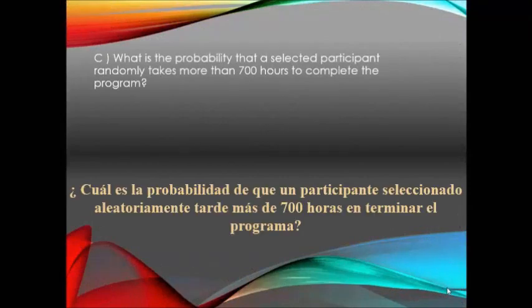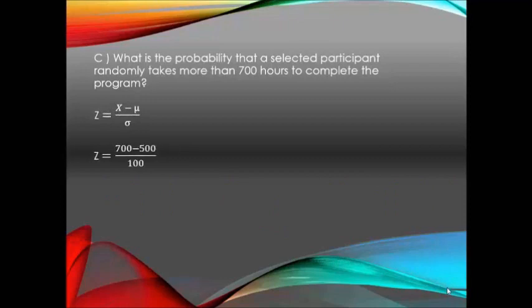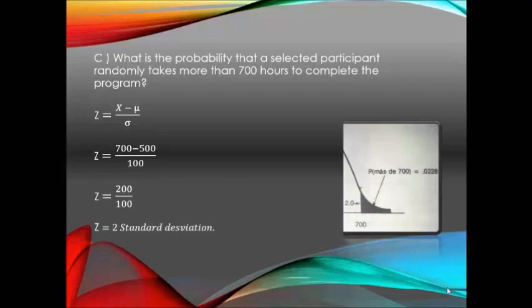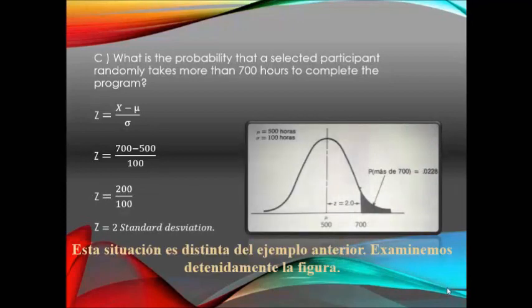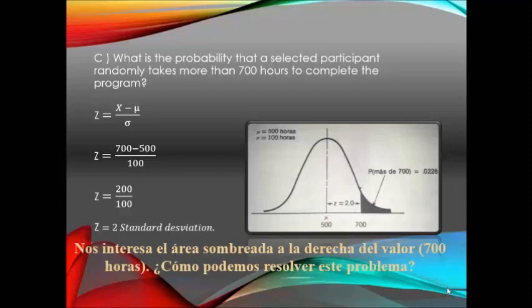Letter C. What is the probability that a randomly selected participant takes more than 700 hours to complete the program? This situation is different from the previous example. Let's look carefully at the figure. We are interested in the shaded area to the right of the value 700 hours. So, how can we solve this problem?